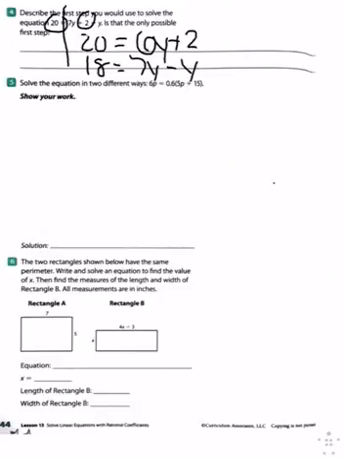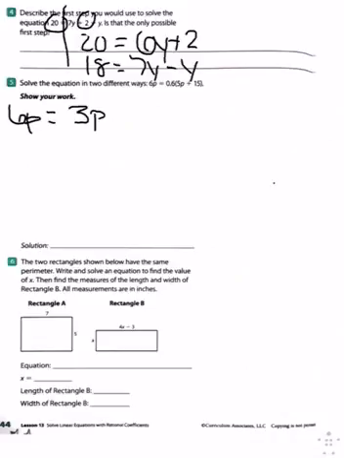Problem number 5. Solve the equation in 2 different ways. 6p equals 0.6 times (5p plus 15). We are first going to solve it by distributing our 0.6 to both numbers in the parentheses. So we have 6p equals 0.6 times 5 gives us 3, so 3p.